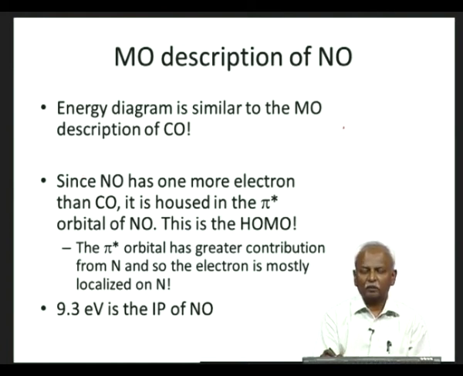In other words, we would have a set of core orbitals, 2 orbitals which are core orbitals, and they would be filled, and then we would have 1 sigma, and then a pi.